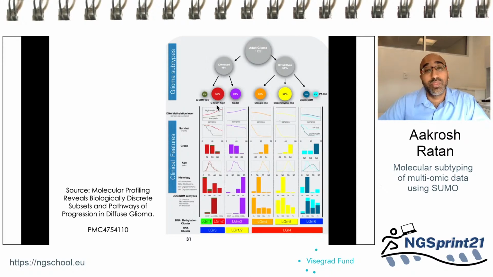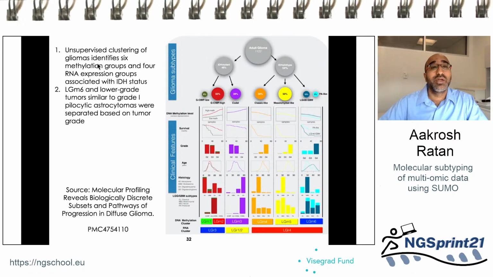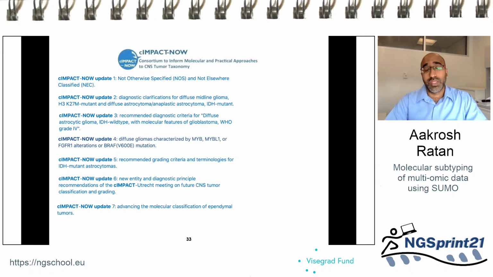Out of these 6 clusters in lower grade glioma, 3 clusters had really poor prognosis, so let's remember that as we move on. As I mentioned, they identified 6 methylation groups and 4 RNA expression groups, and once they integrated everything, they identified about 6 clusters in lower grade glioma. All right, so this was in 2016.